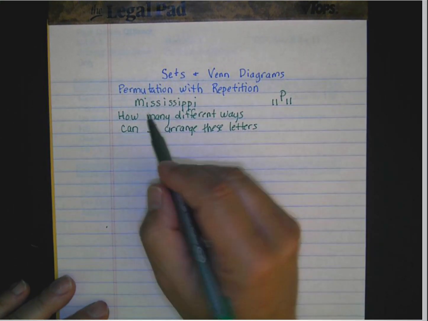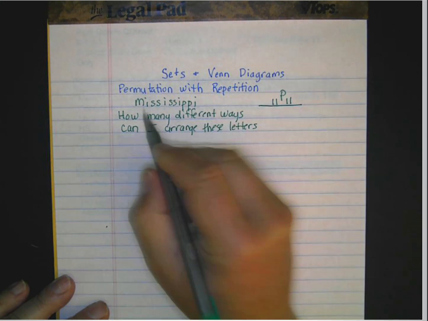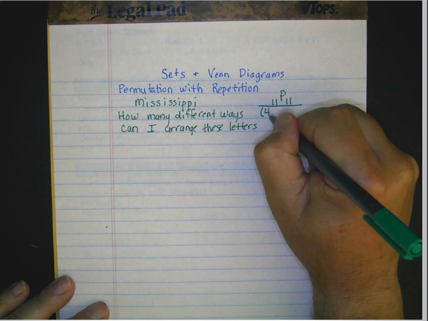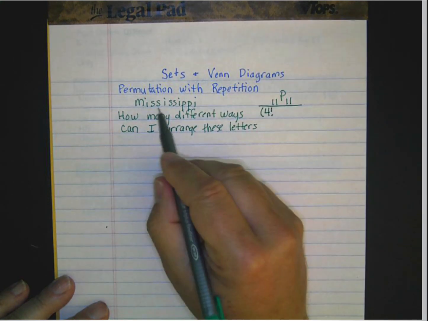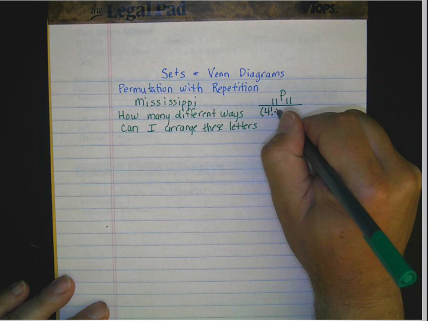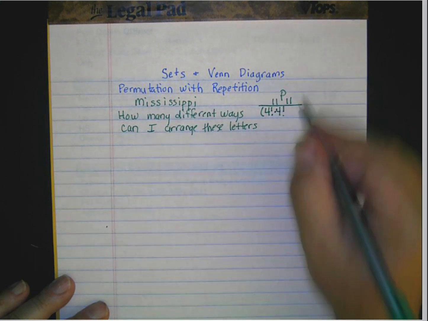But we've got some letters repeating. Matter of fact, we have S's repeating, and there's 4 of them. We have I's repeating, and there's 4 of them. And then we have 2 P's repeating.